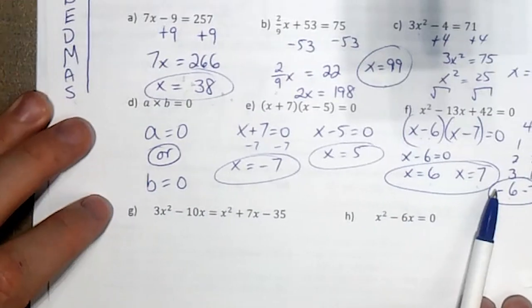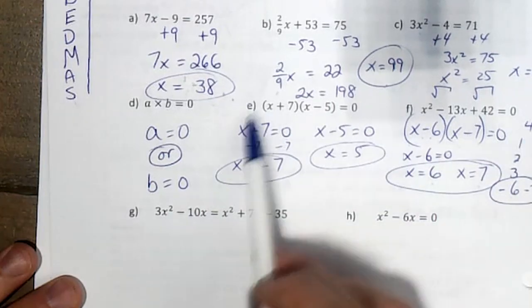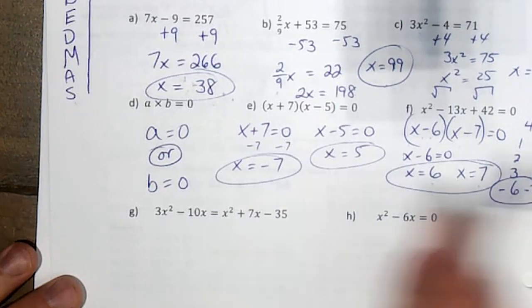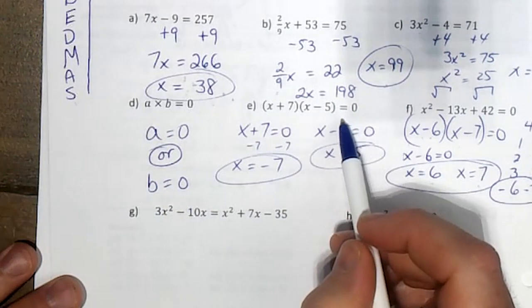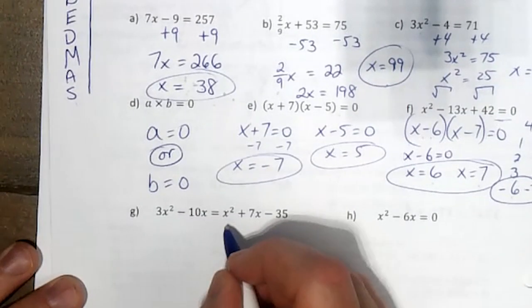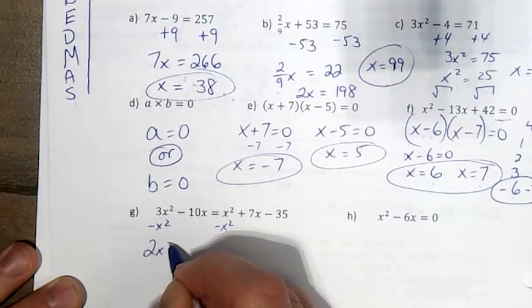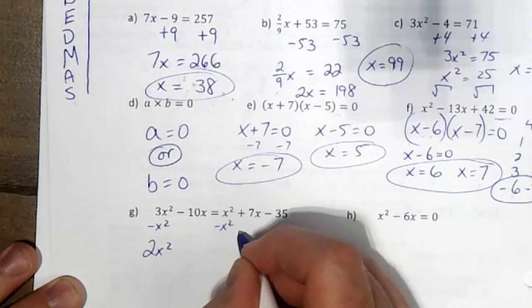Now, a key thing with these is we have to do a little algebra as well. Notice we've got x squared on both sides. The key thing with any of these x squared ones, we have to push everything over, and we need to get that equals 0. So I'm going to subtract x squared. I'm going to subtract 7x.